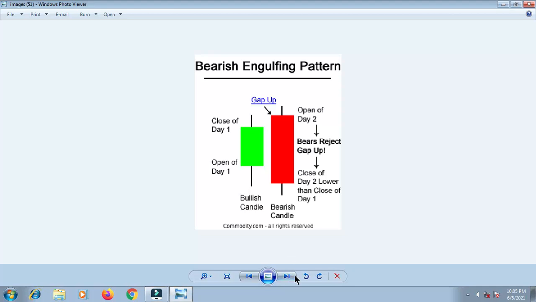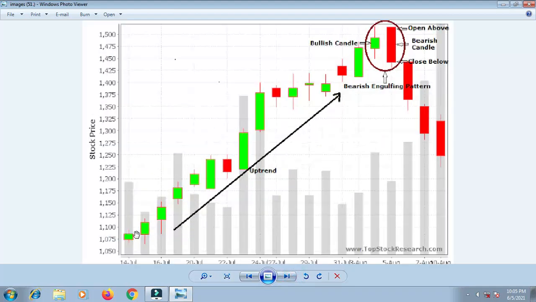Uptrend and bullish candle, next day opened up, came down and closed below the previous day's low, completely engulfing the previous day candle. If you have to trade here, you take a trade at the bottom of this candle, and you take 1:2 towards the target.